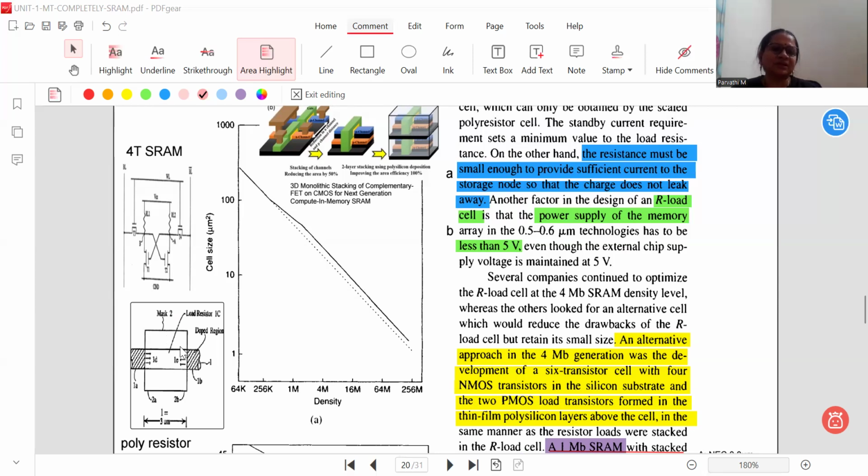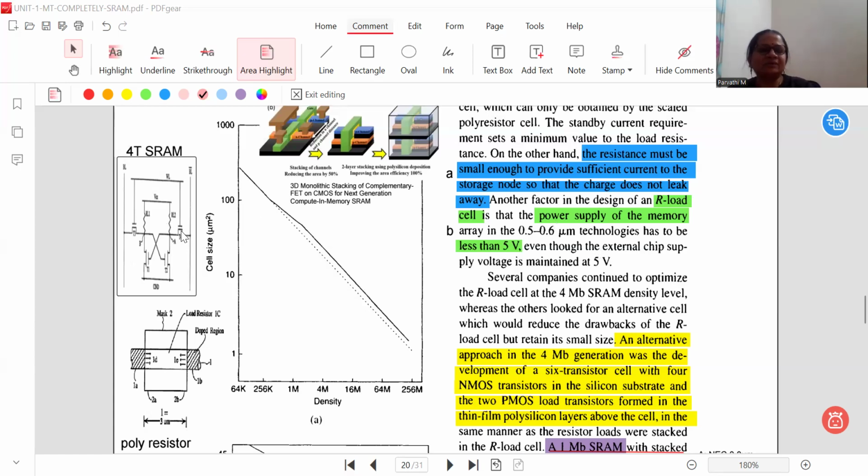This mask is the region where the resistance is required. That region will be masked with the mask layer, and the remaining two regions are given for doping. The intermediate region results in polysilicon resistance that will be used as the resistor load. So this is a picture for the poly resistor, and this is the picture for the four transistor SRAM.